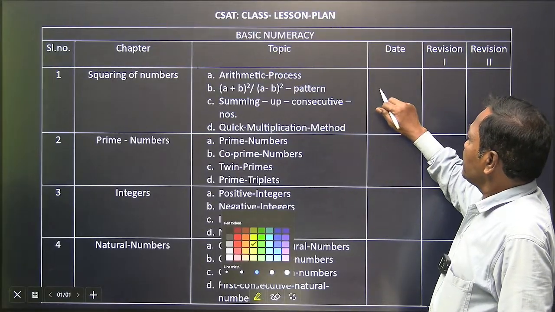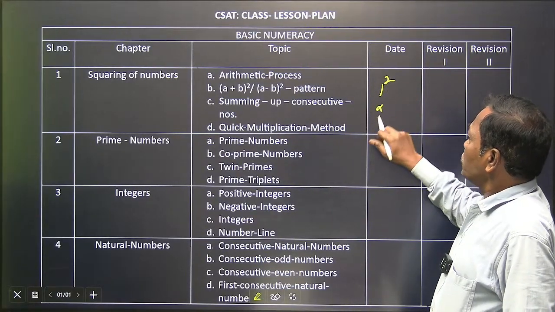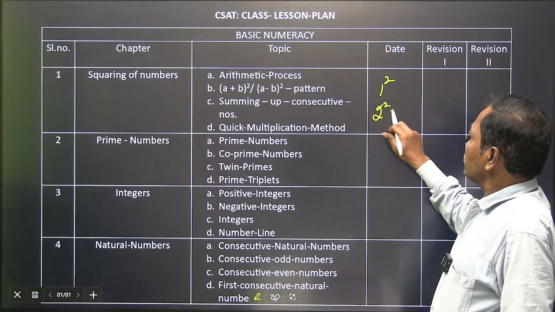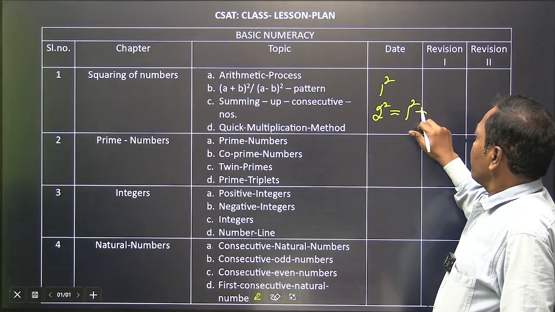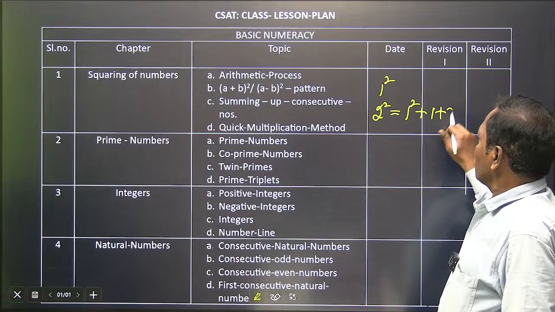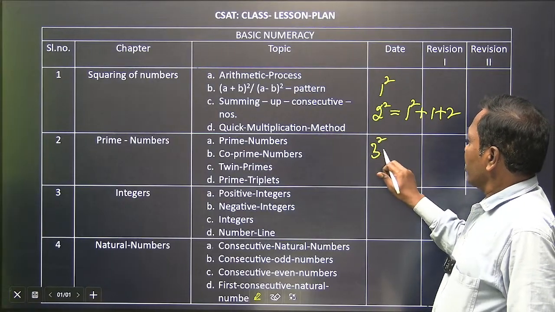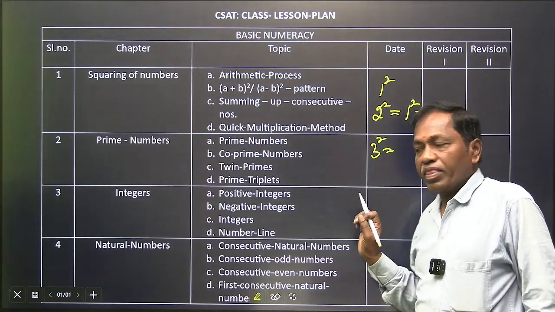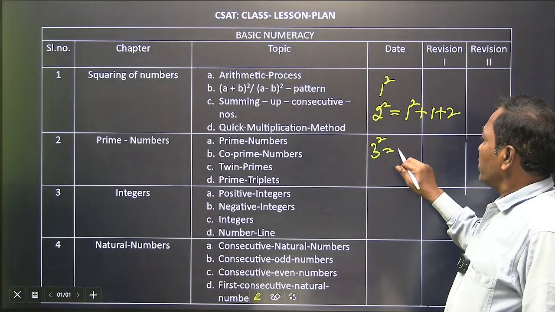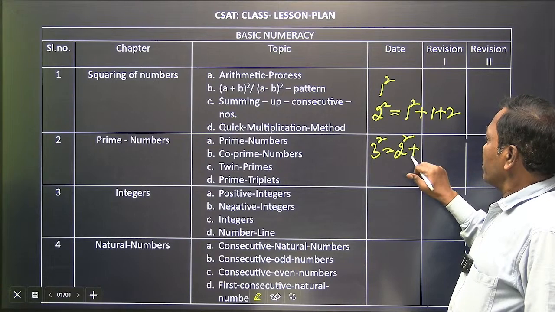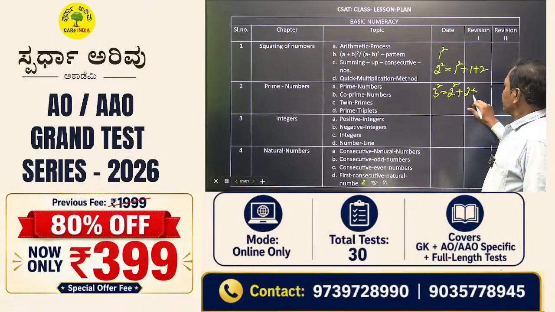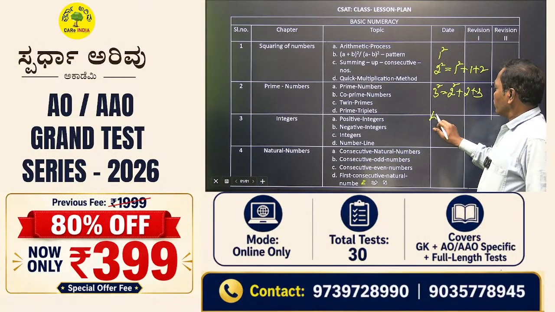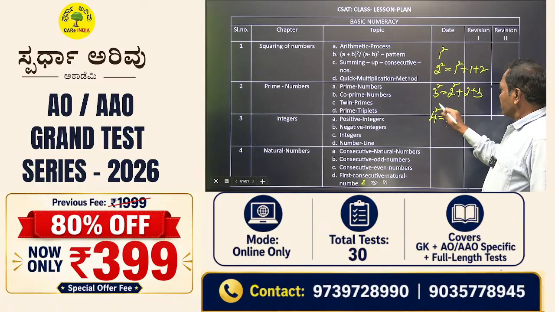Now for example, 1 square. What is 2 square? 2 square is equal to 1 square plus 1 plus 2. 3 square. For your convenience I am just showing some, 4, 5. And 3 square is equal to 2 square plus 2 plus 3, and 4 square is 3 square plus 3 plus 4.